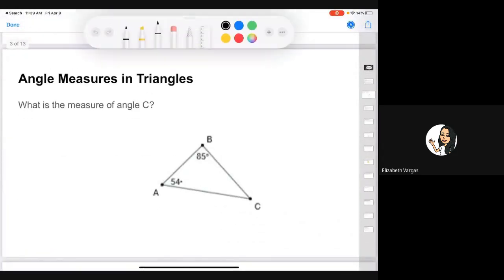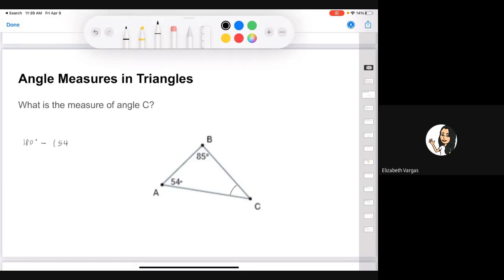So just a reminder about the angle measures of a triangle. This was asking what is the measure of angle C? Well, as far as triangles go, we already know that all the interior angles of a triangle equal 180. Given that, we're able to solve for our missing angle, angle C, by taking 180 and subtracting the angles that we already have.